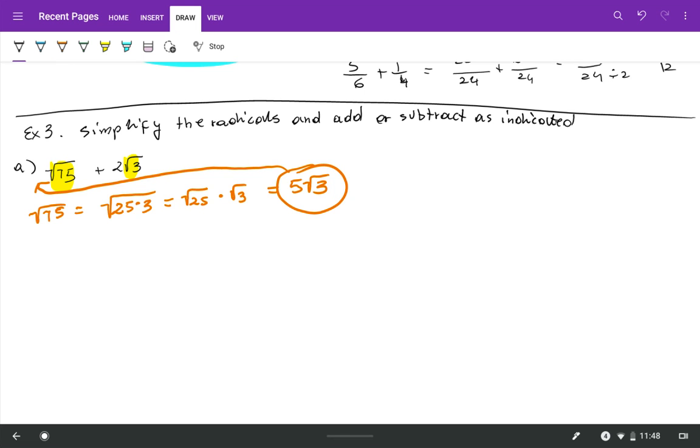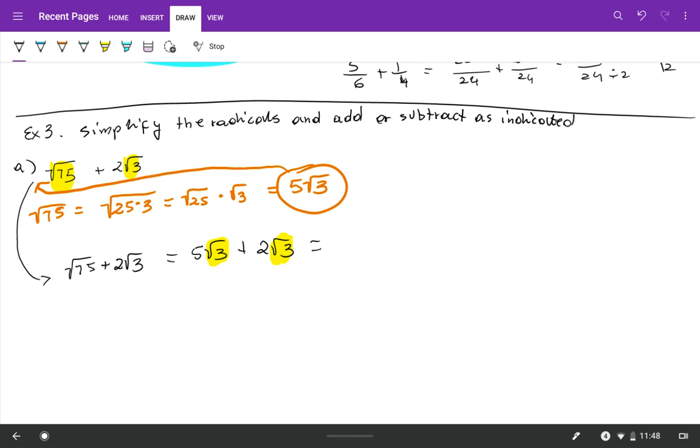So let's just rewrite this problem. Square root of 75 plus 2 square roots of 3. Square root of 75, it's 5 radicals of 3 plus 2 radicals of 3. And now we can add the radicals together because we have like radicals. Now we have that square root of 3, which repeats in both expressions.